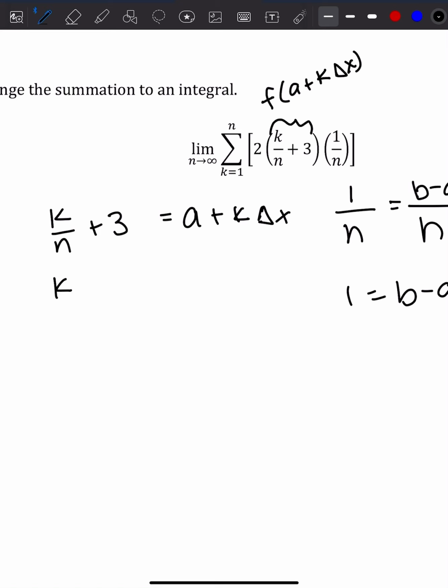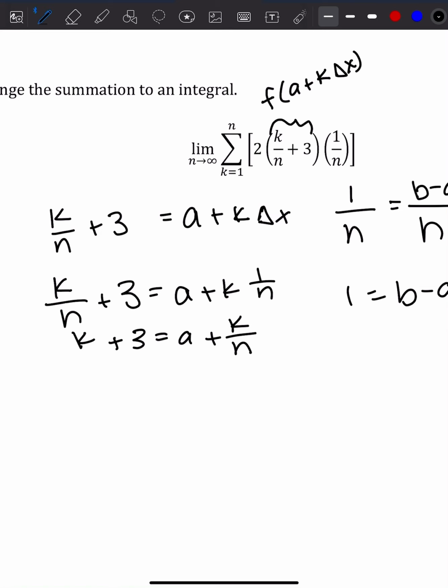We know delta x is 1 over n. So we have k over n plus a is equal to 3 plus k over n. If I subtract k over n from both sides, we get 3 is equal to a.